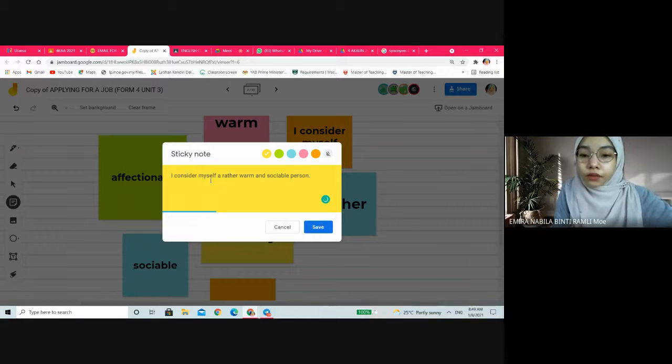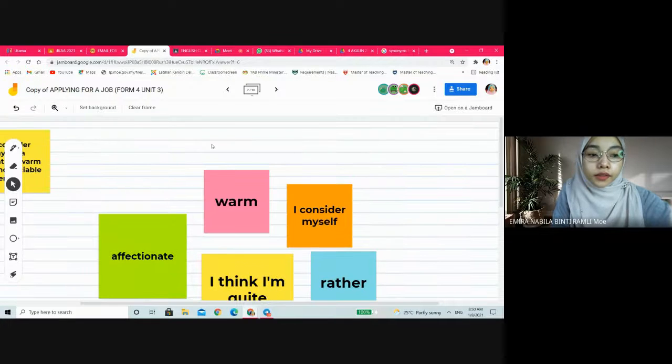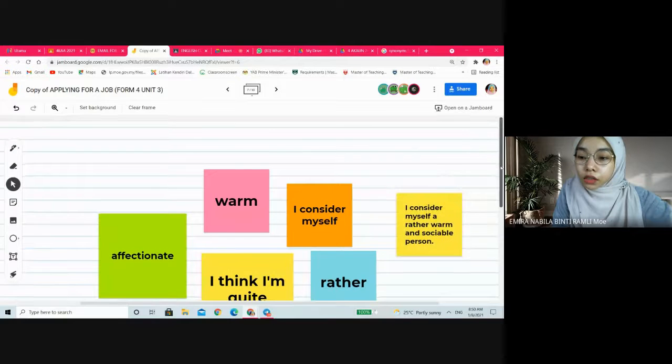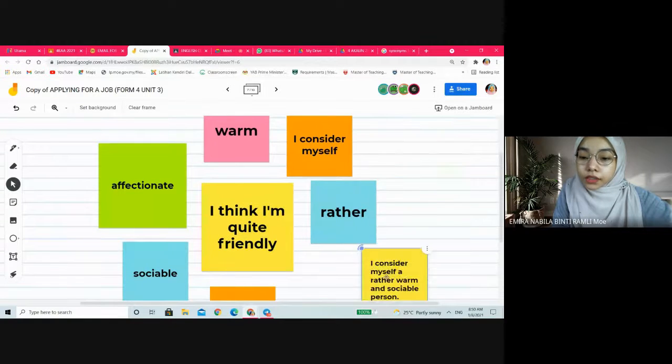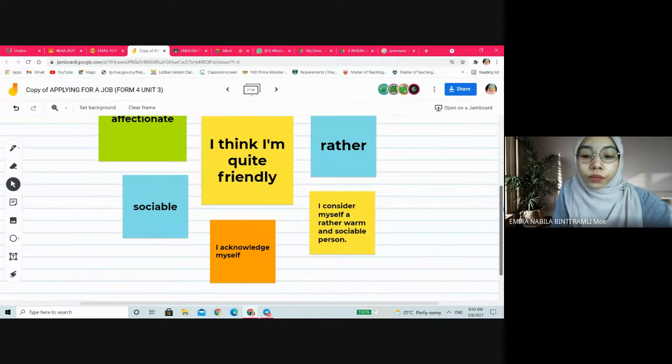Okay, full stop, if that's the last bit of your sentence. That's our full sentence for the formal way of saying things. That's how you should be writing your email for a job application. I consider myself, you can also add, I consider myself to be a rather warm and sociable person.